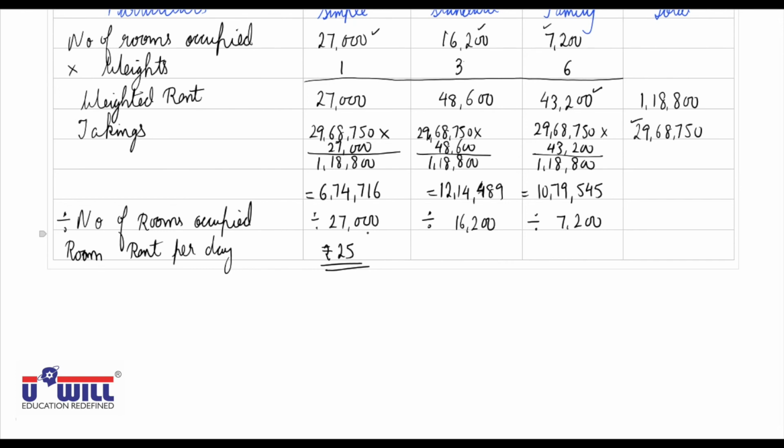Then 1214489 divided by 16,200 rooms. So 74.96, approximately 75 rupees per day. And 1079545 divided by 7,200, that is 149.93, approximately 150.